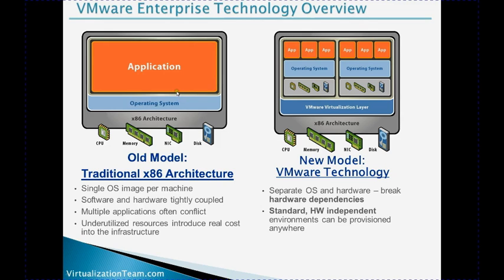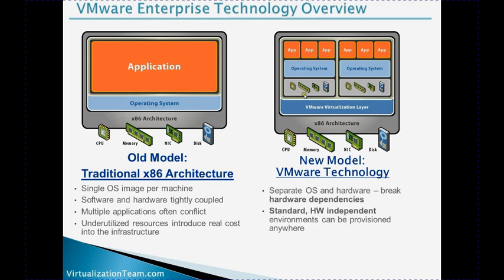That has led to having only a single application installed per physical server. So in the traditional model, for every application you want, you import a physical server, and for every operating system instance you need to install, you also import a different physical server.